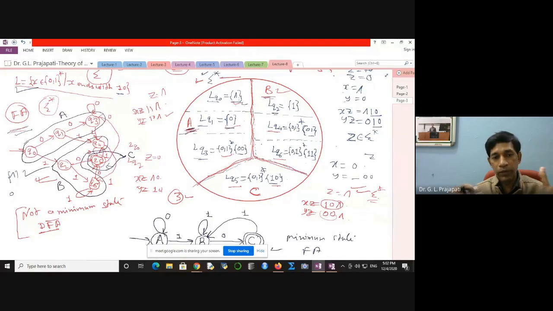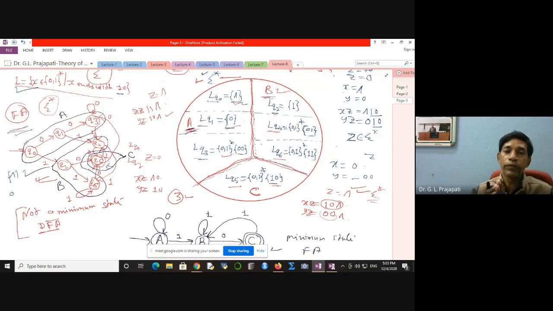That's why your given FA has more states than necessary, and it is possible to construct an FA with fewer states. Since you have 3 equivalence classes, you can construct the FA having three states. And we also know that it is not possible to construct the FA with fewer states than this.